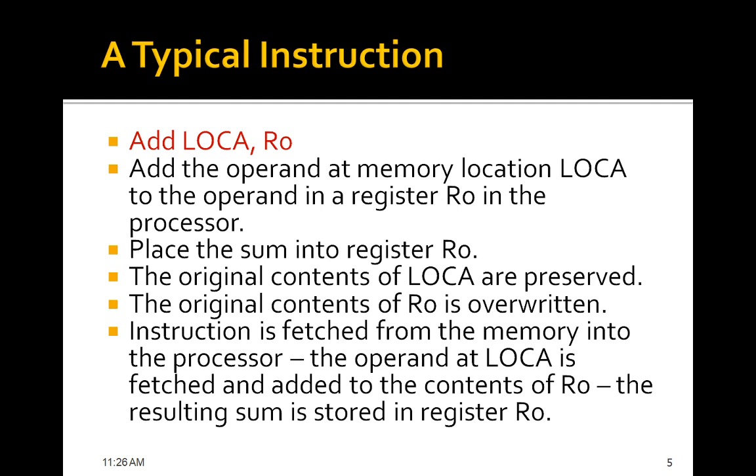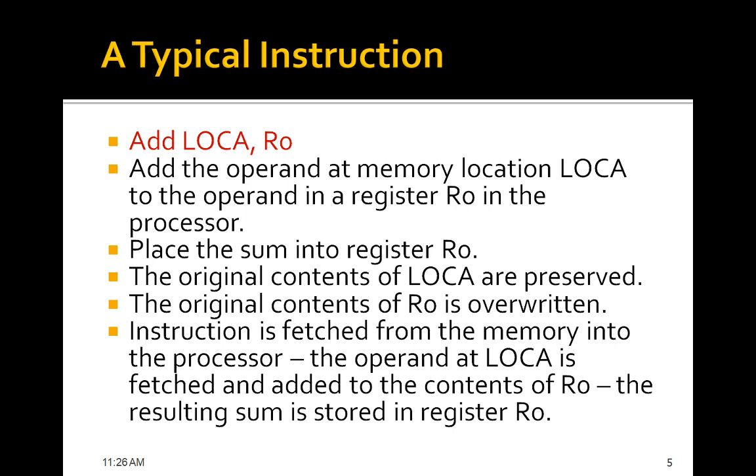The original contents of location A will remain saved, that means they will be preserved, whereas the contents of R0 will be overwritten because we store back the result into R0. This instruction requires several steps. First, the instruction will be fetched from the memory into the processor, and then we get to know that it is an addition operation.